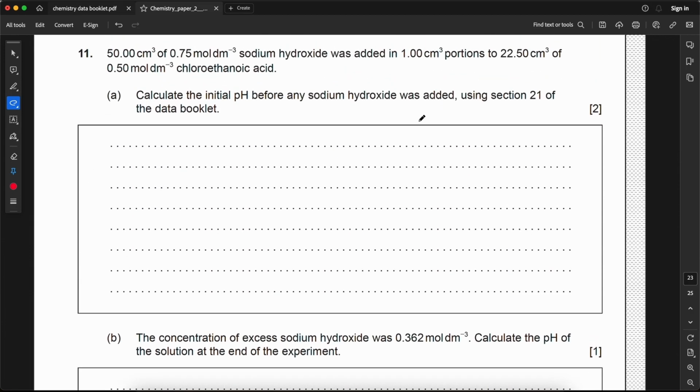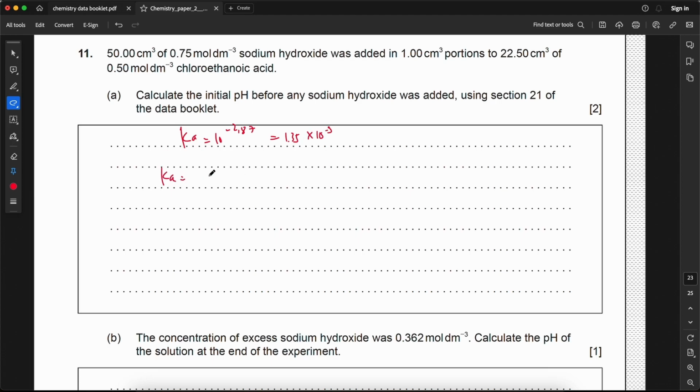50 cm^3 of 0.75 molar sodium hydroxide was added in 1 cm^3 portions to 22.5 cm^3 of 0.5 molar chloroethanoic acid. So Ka will be 10 to the power negative 2.87, so you get 1.35 times 10 to the power negative 3.